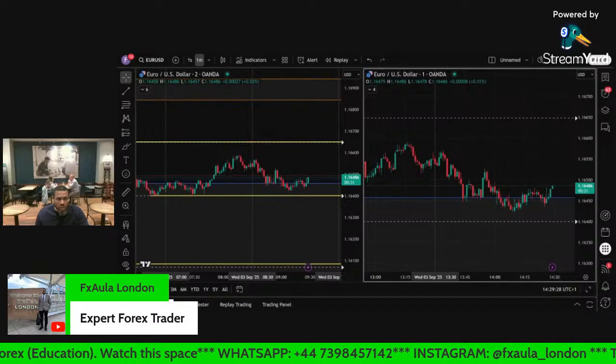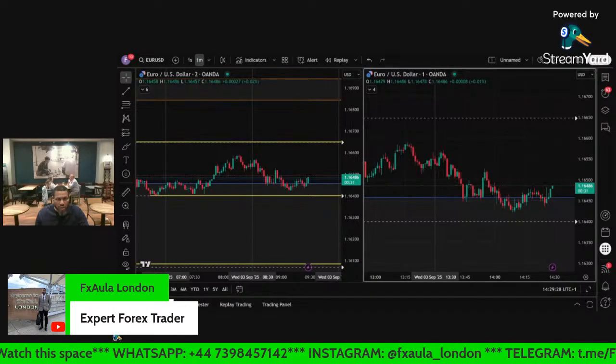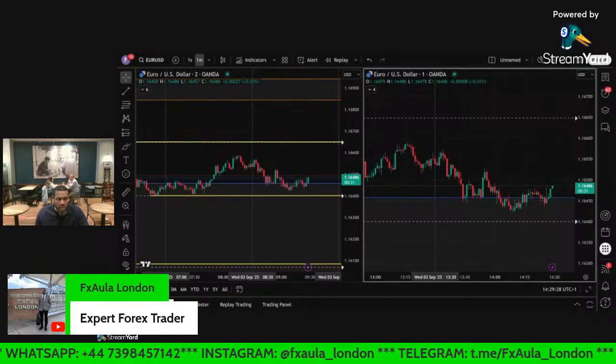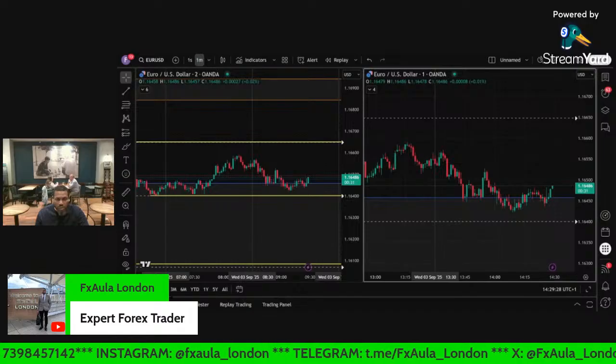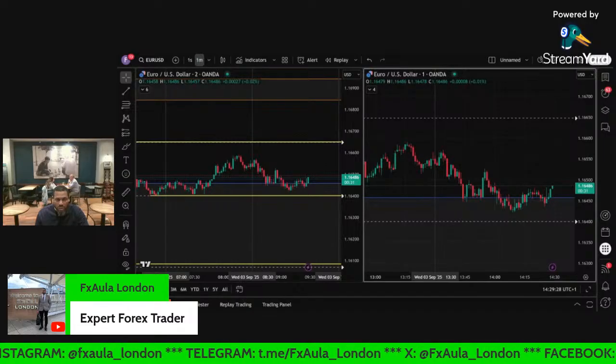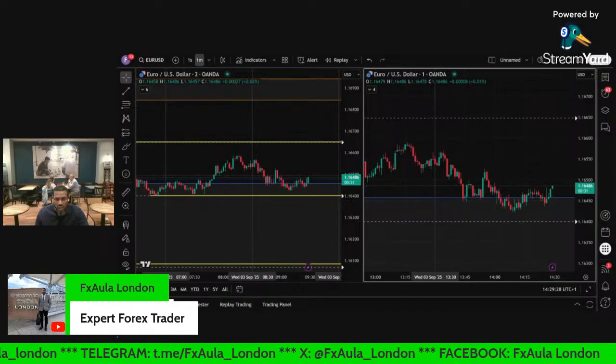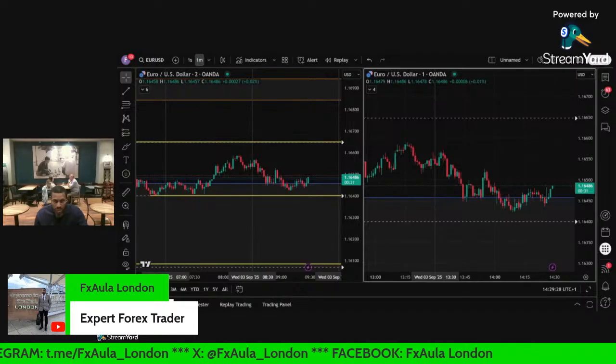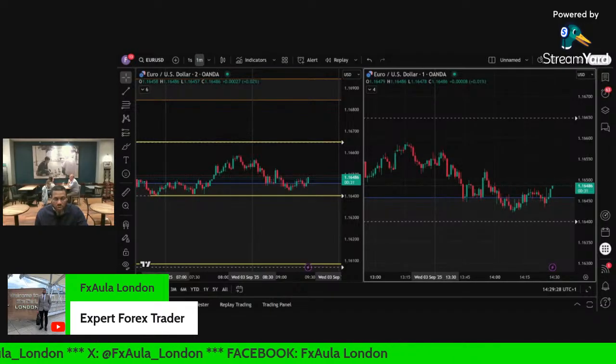Let's see what it looks like. Here you can see a breakout between support and a breakdown between resistance here. So let's see. I'll be cautious here. If price breaks through, then it will continue.